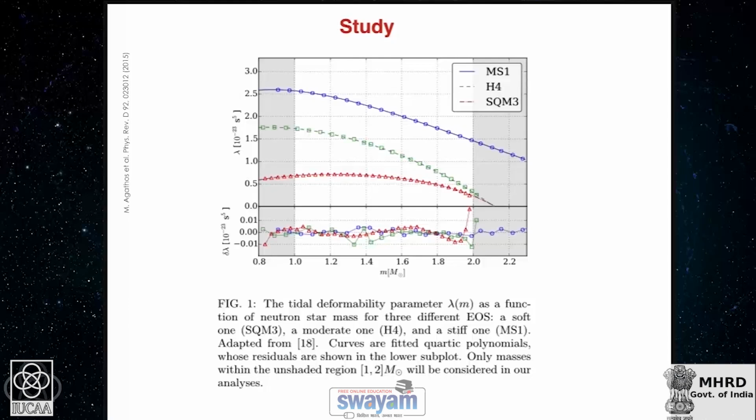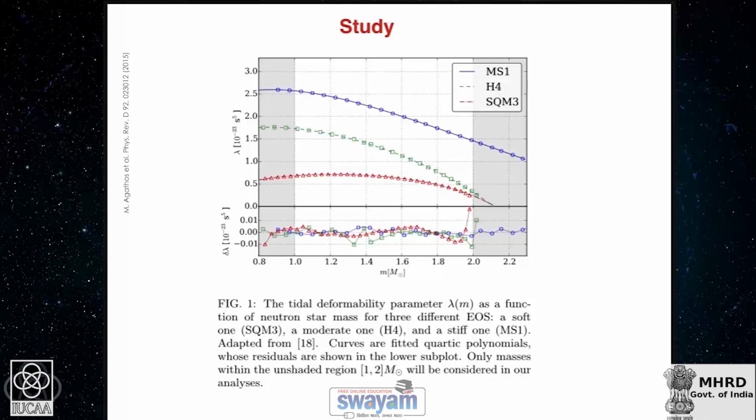Here the idea is that in the various equations of state, you see how the stars are distorted and how much distortion they can produce, and whether these tidal distortions can be constrained based on the observation of neutron stars.